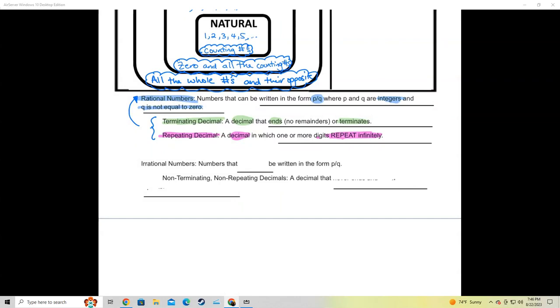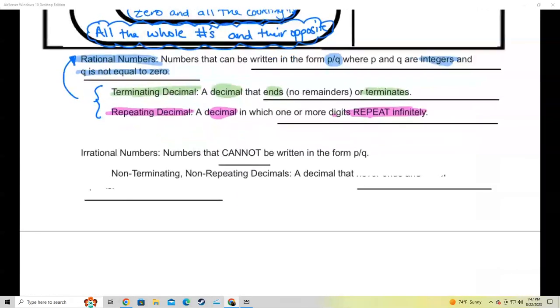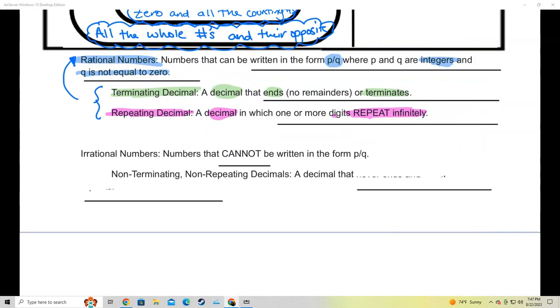However, the next definition says irrational numbers are numbers that cannot be written in the form P over Q. So you can go ahead and start using those same colors again because I know you might be running out. Irrational numbers are numbers that cannot be written in the form P over Q. How do we know it can't be written in the form P over Q? Well, because of two things.